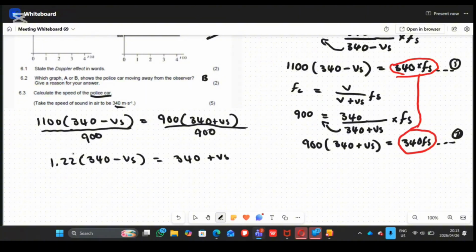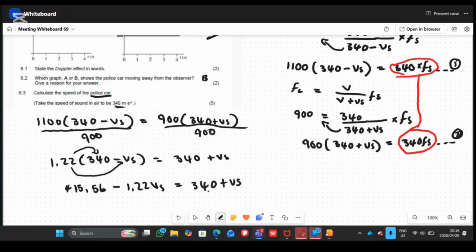I'm multiplying out the brackets. 415,56 minus 1,22 Vs. That one is fine. And then is equal to 340 plus Vs.